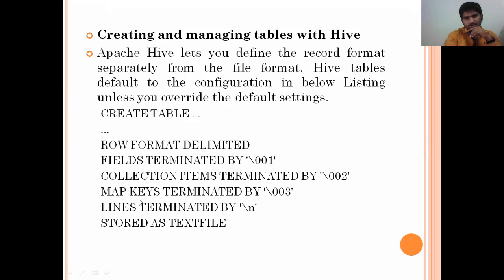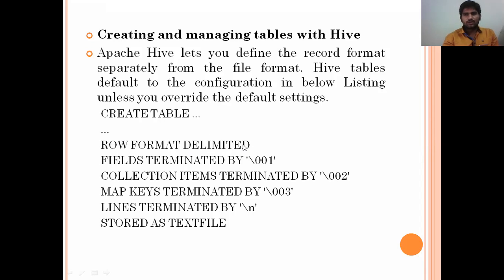Can you remember where we are going to write these commands like this? It is not CLI format. It may be HWI, the Hive web interface. There we can write like this: create table, some name, row format delimited.